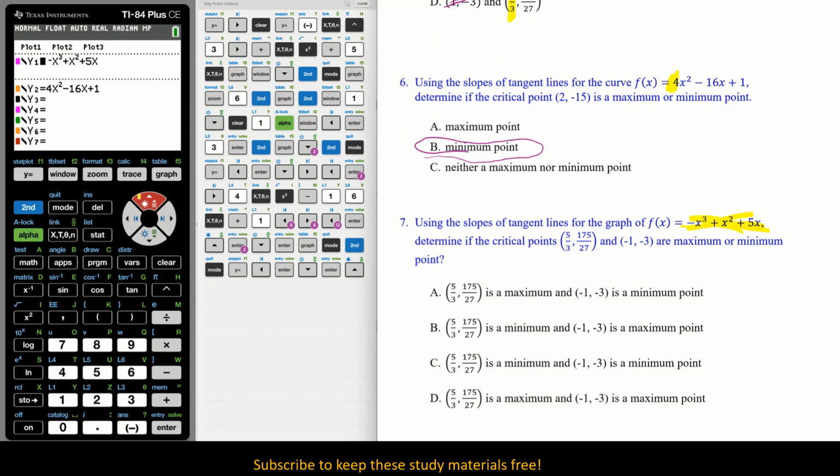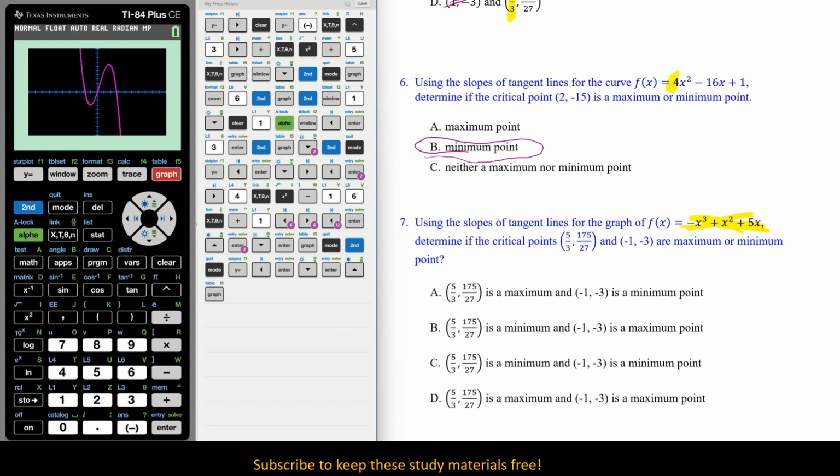Using the slope of tangent lines for the graph of our function, determine if the critical points, those are the prior critical points that we had before, are maximums or minimum points. We already knew that answer. Push graph.